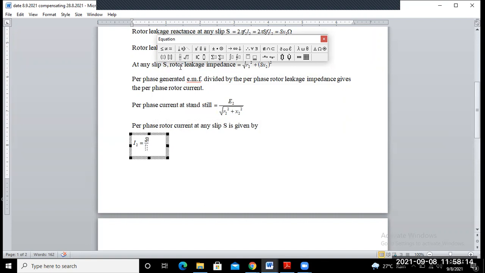So this is represented by E2 divided by the square root of R2 square plus (S X2) whole square.